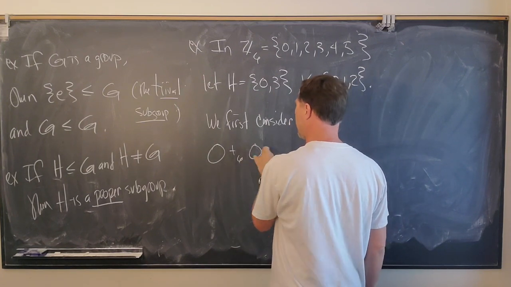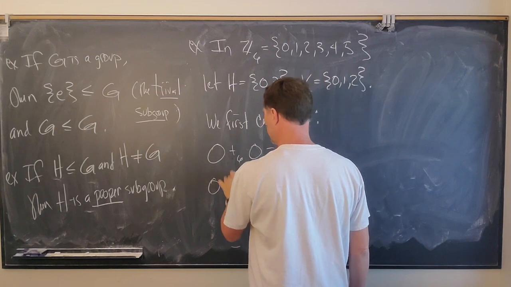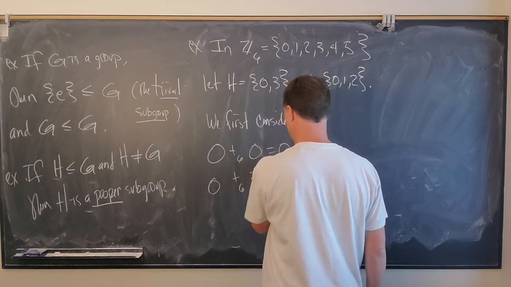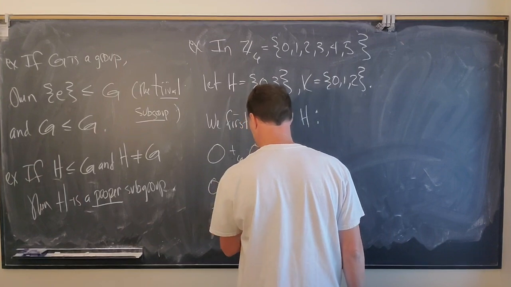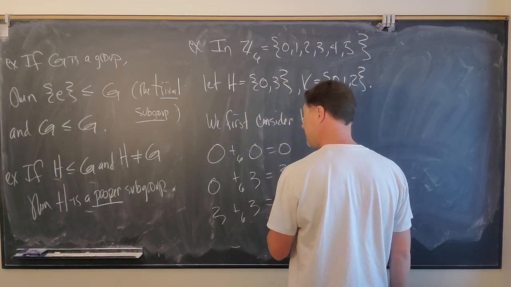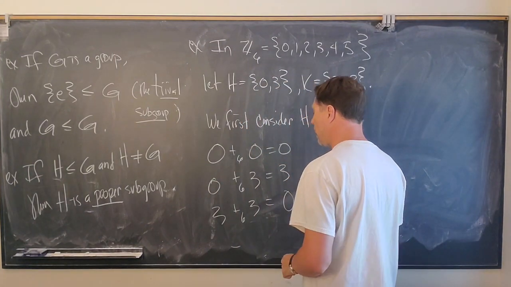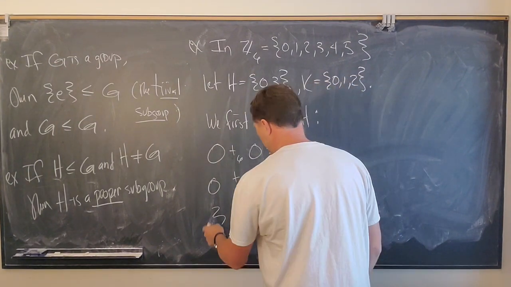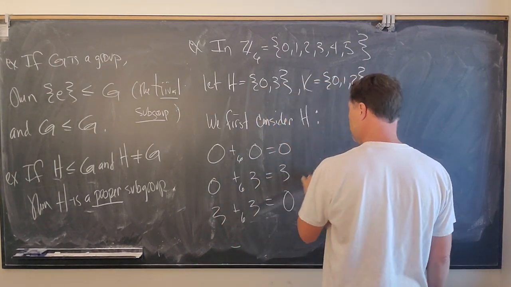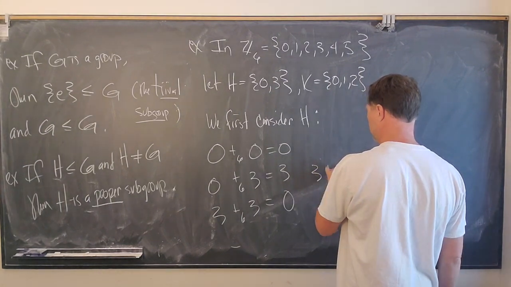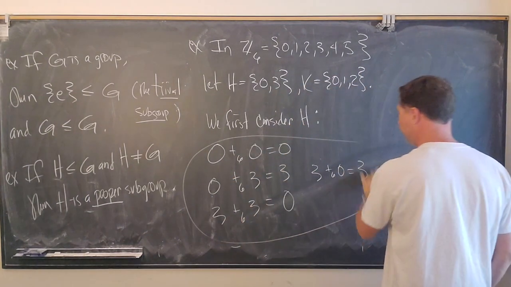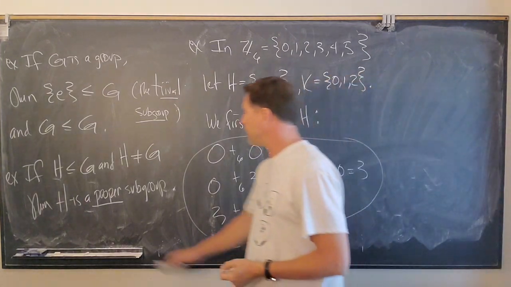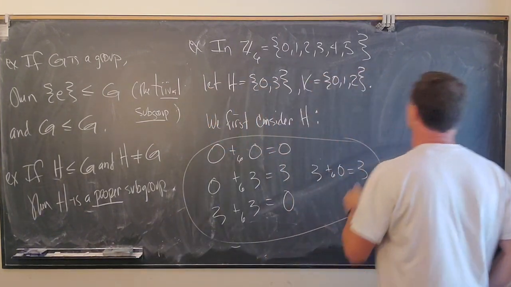If I do that, we get 0 plus 0 equals 0. If we do 0 plus 3, we get 3. If we do 3 plus 3, we get 6, which is 0. And I guess officially we need to check this in the reverse also. So 3 plus 0 equals 3. So these four things verify that H is closed under addition.